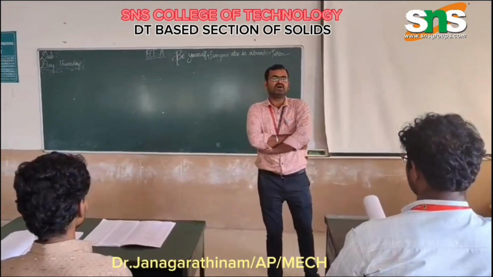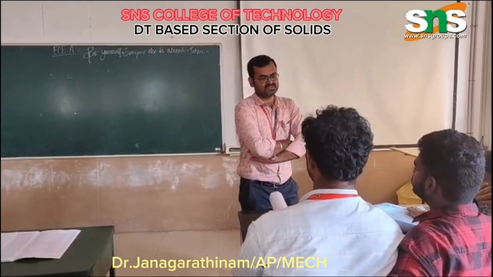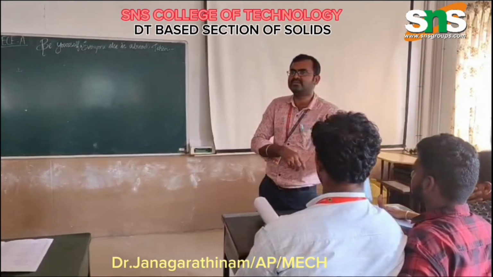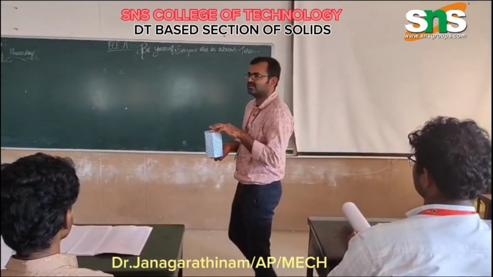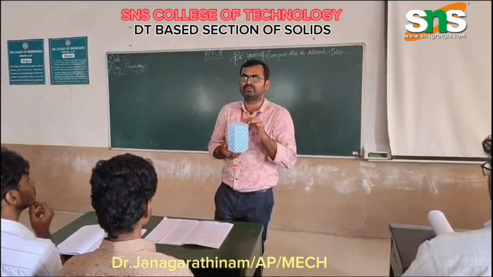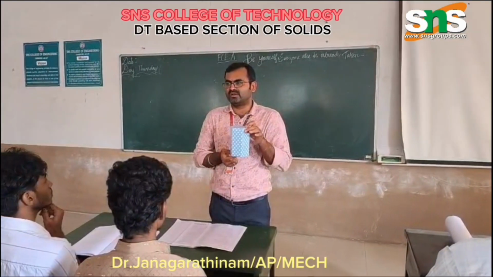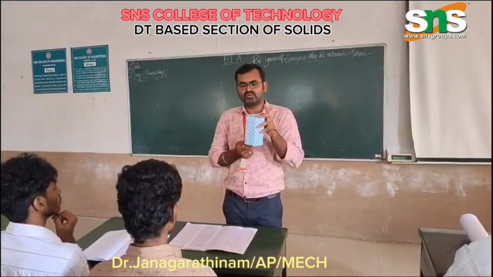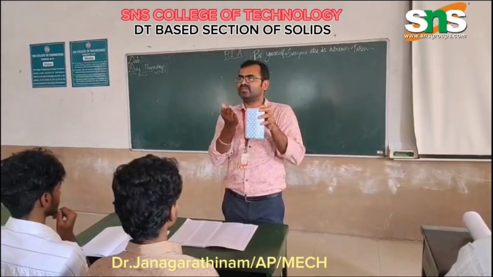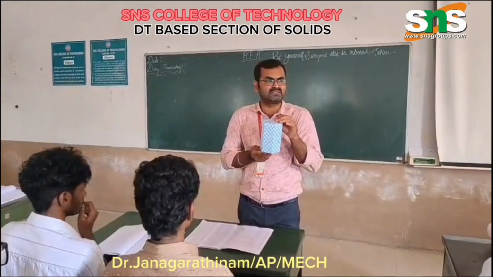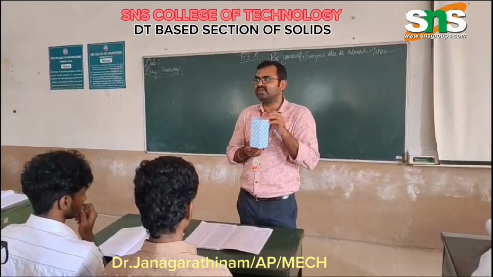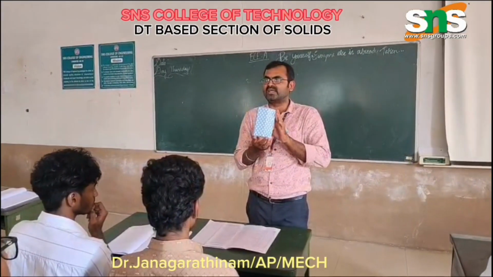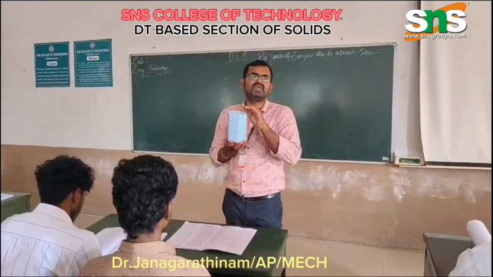Likewise, we will discuss the section of solids. First, we take a solid component. Today we are going to take a hexagonal prism. We cut it at some angle, either 30 degrees or 40 degrees, inclined to the axis line.